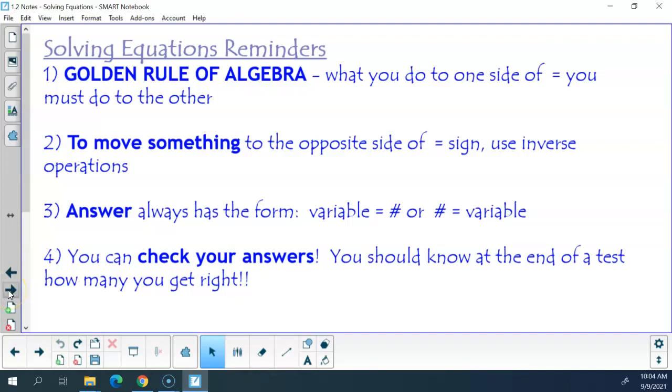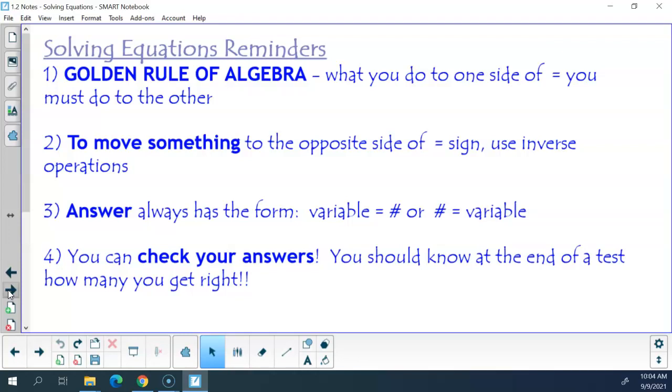Okay? So a couple of algebraic reminders, if you will. The first algebraic reminder is, of course, our old pal, the golden rule of algebra. Whatever you do on one side of an equation, you've got to do to the other side of the equation.